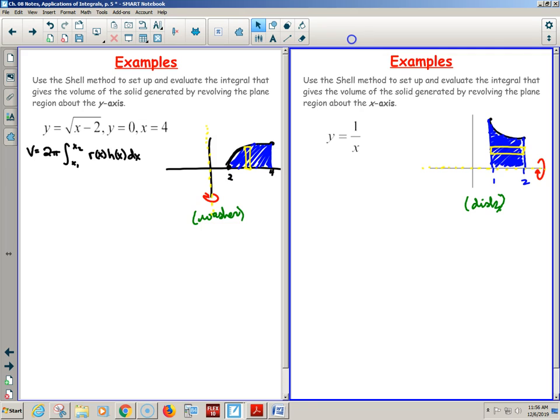Wait, when you revolve on the x-axis, it's in terms of y, right? What do you have? The axis revolving around y. I'm not sure. It's kind of tricky.